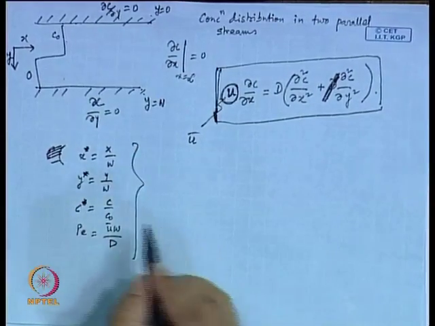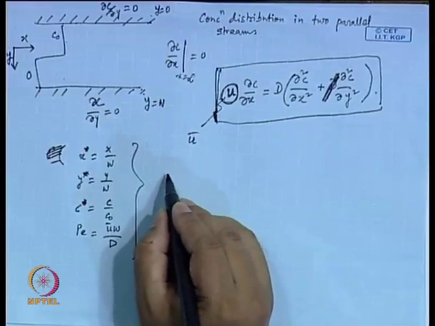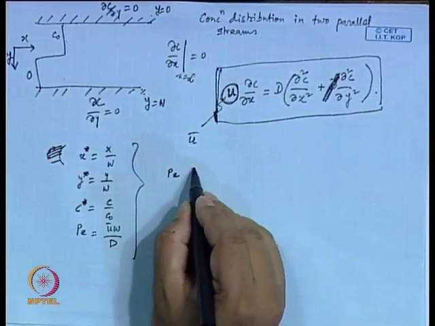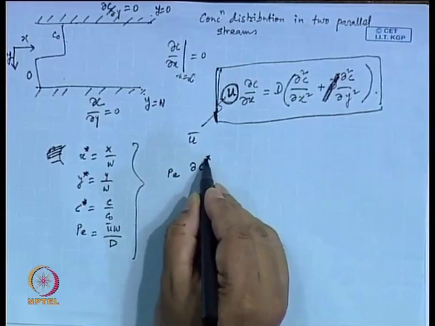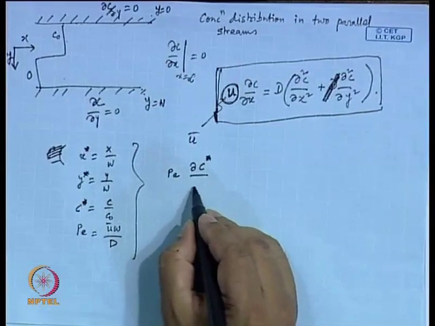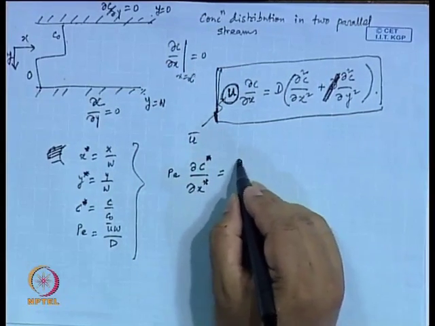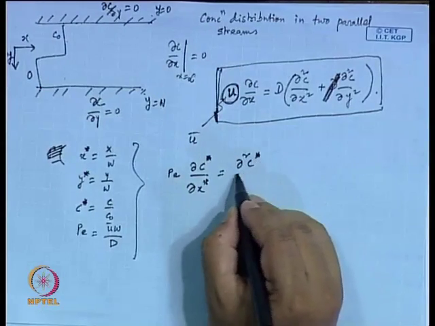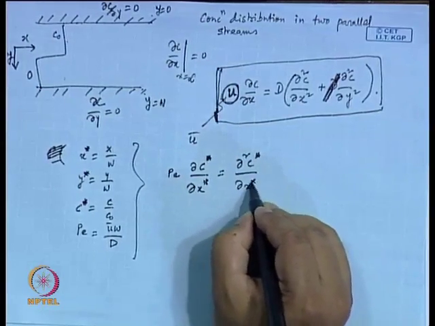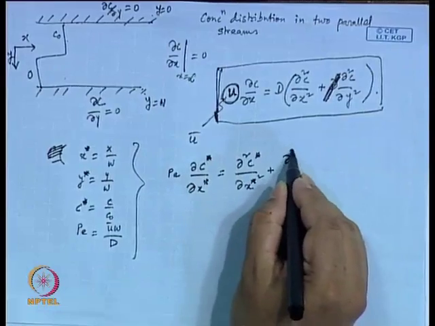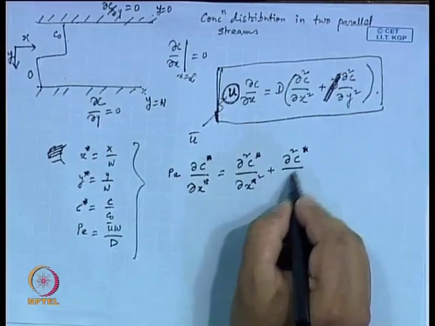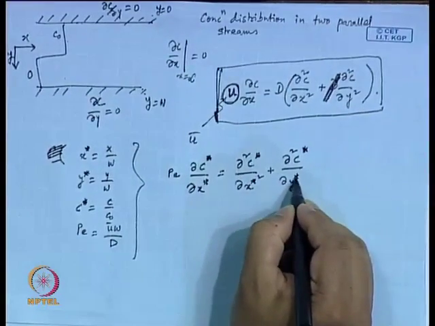Okay. If we introduce these dimensionless variables, then you can write this as Peclet number del c star del x star, that is equal to del square c star del x star square plus del square c star del y star square.